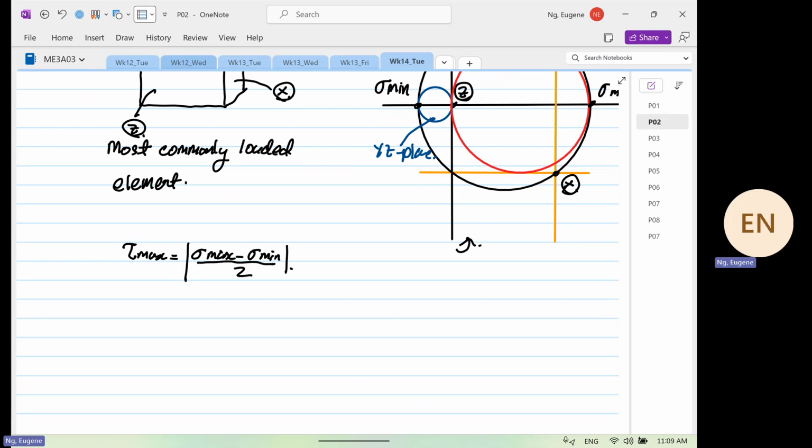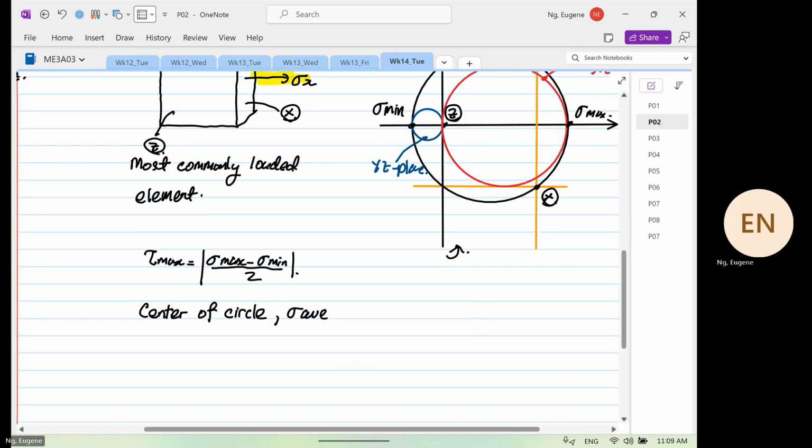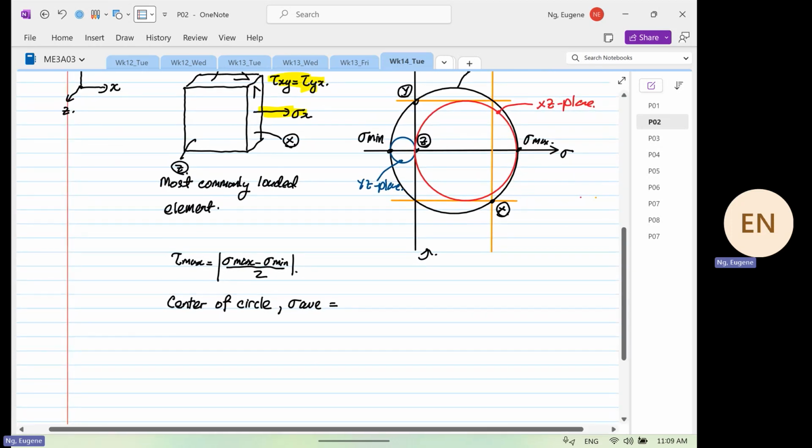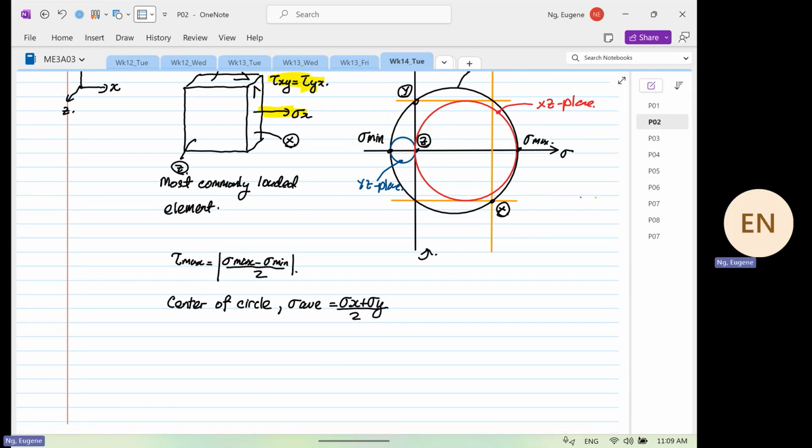Now, to calculate our stress max and stress mean, we know the center of the circle, which is our stress average, and this will be equal to stress X plus stress Y divided by 2.